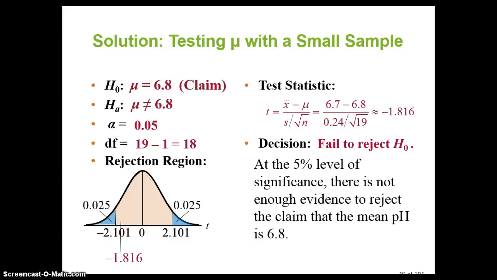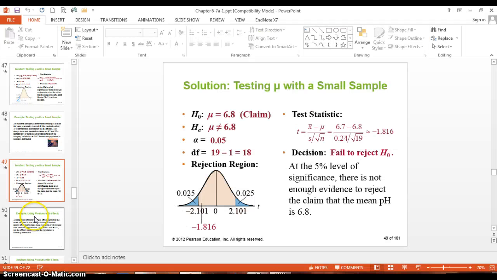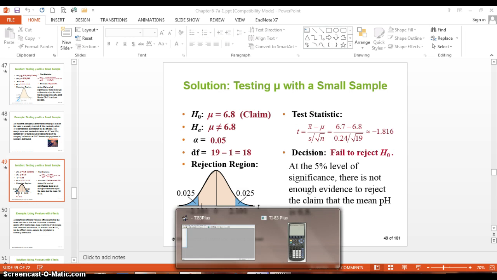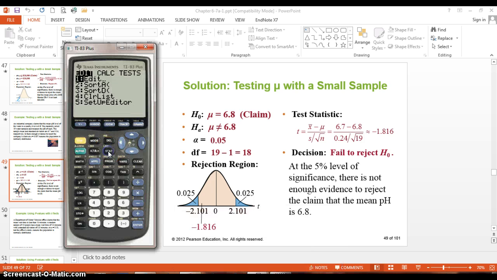Now let's plug it into the graphing calculator and get those same answers. So let me pause the video here. Click our stat button, go over to tests, and again we're going to pick the t-test. And again we're dealing with summary data.